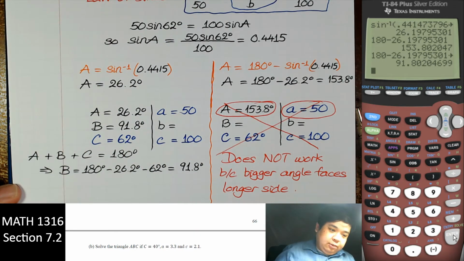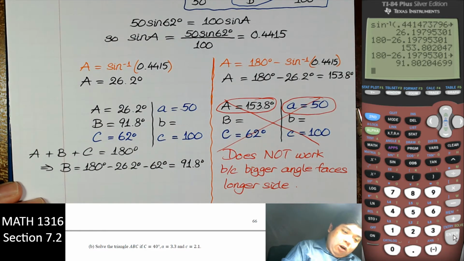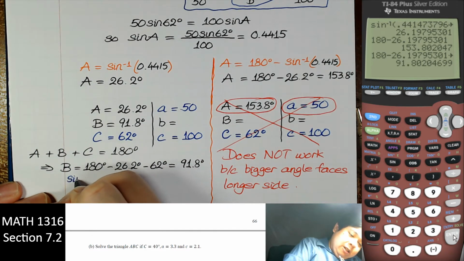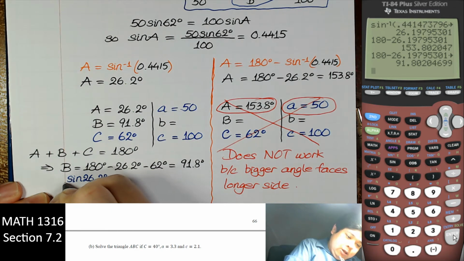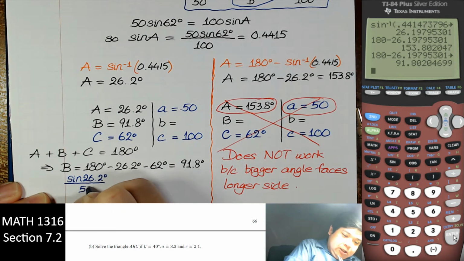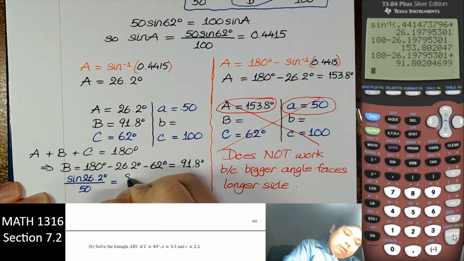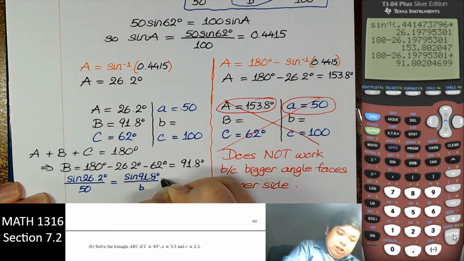So write out the law of sine. Sine of 26.2 over 50 equals sine of 91.8 over B, sine of 62 over 100.